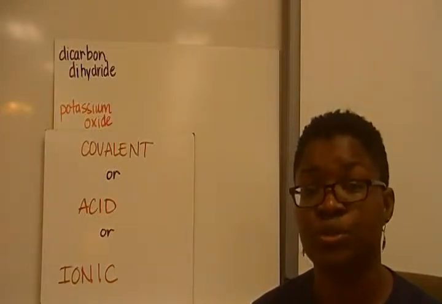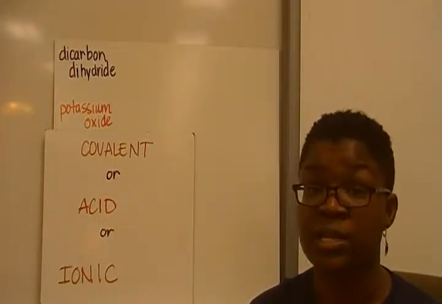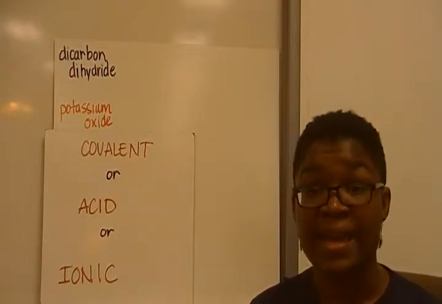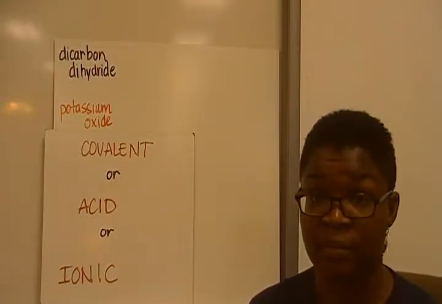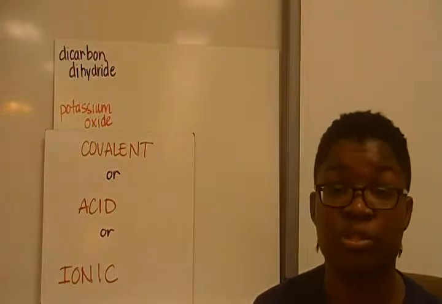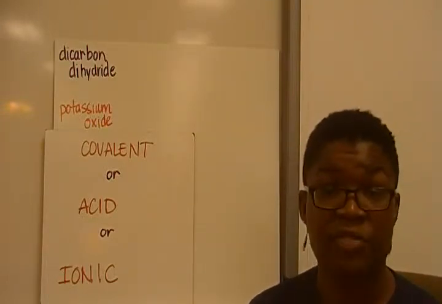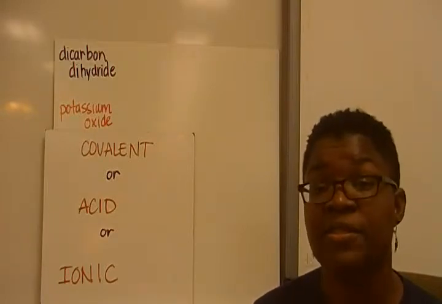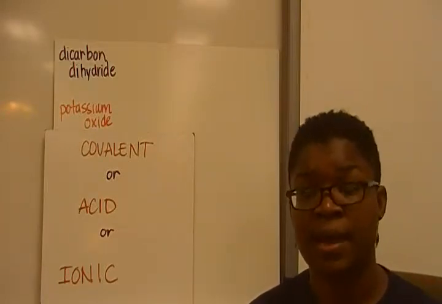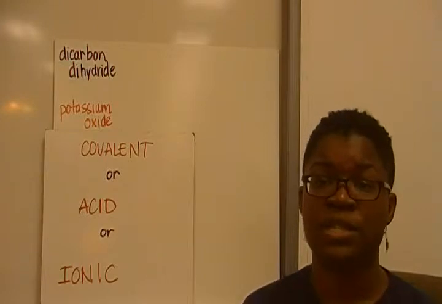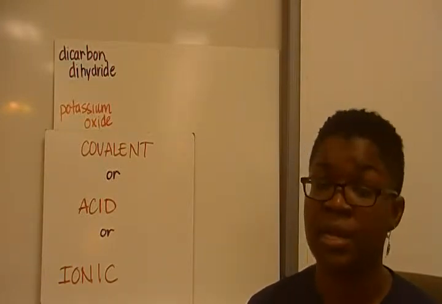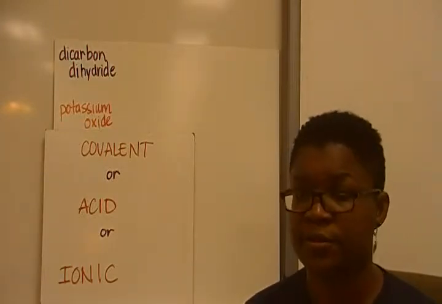Covalent compounds are two nonmetals. Hydrogen is also a nonmetal. Acids have acids in their name, literally hydrofluoric acid, nitrous acid. And then ionic compounds comprise everything else, everything with a polyatomic ion and everything that includes a nonmetal with a metal. So you have two things from opposite sides of the periodic table, not including hydrogen, that are paired together.